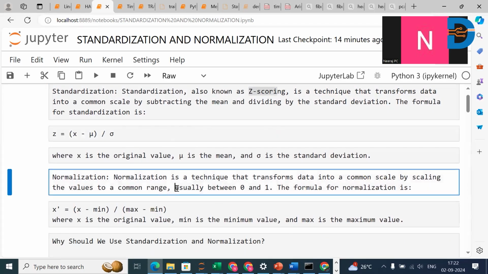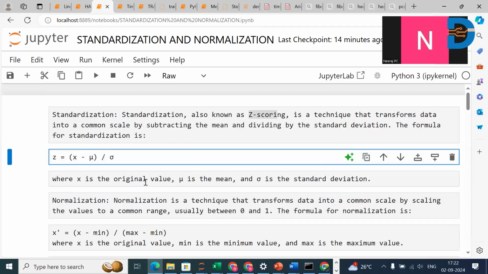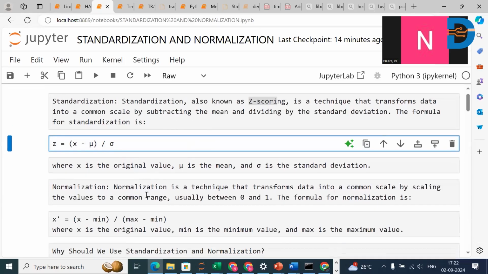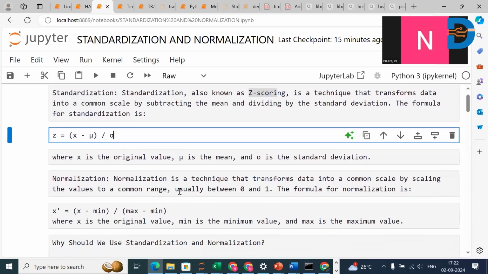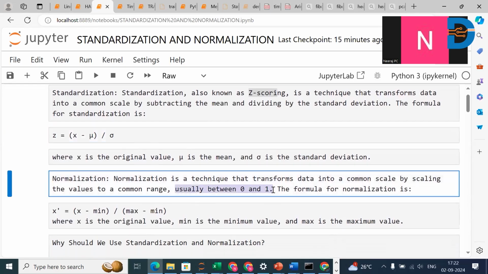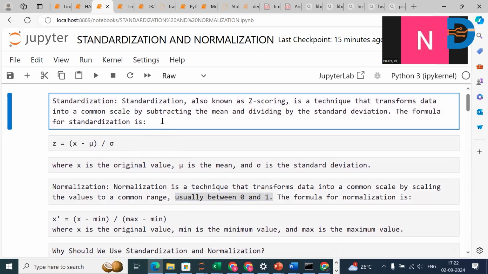The whole and sole purpose of standardization, and of normalization as well, is converting to a different scale. In normalization, usually it will be in 0 to 1. We try to scale it to a common range between 0 and 1. In standardization, we try to make the mean 0 and the standard deviation 1. That is our whole and sole purpose.